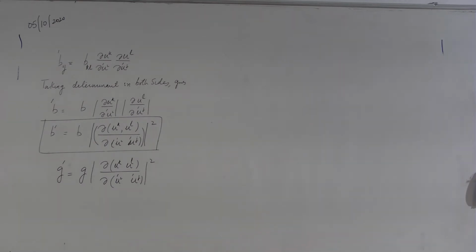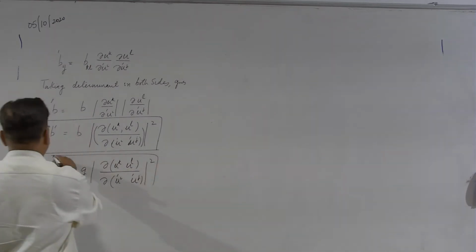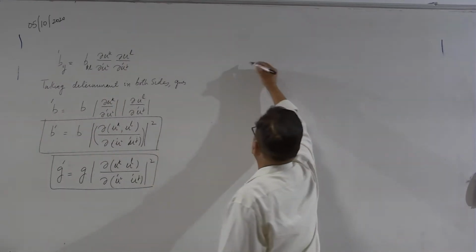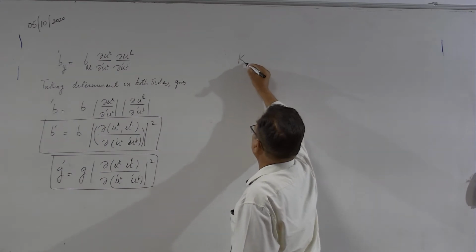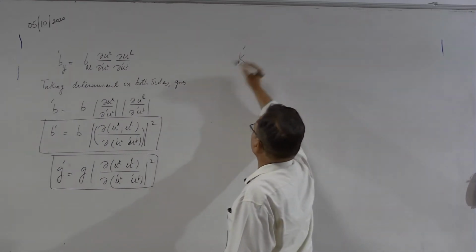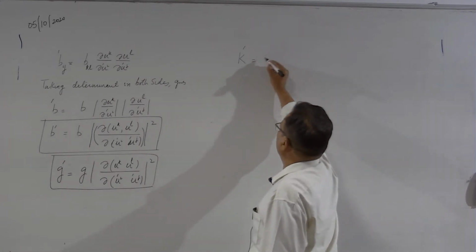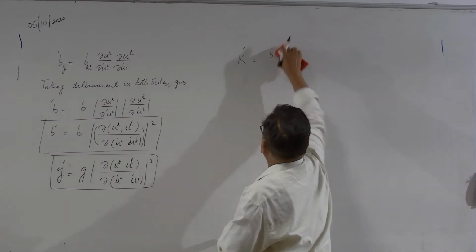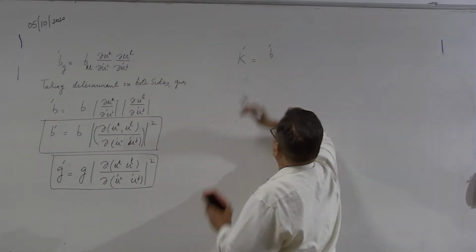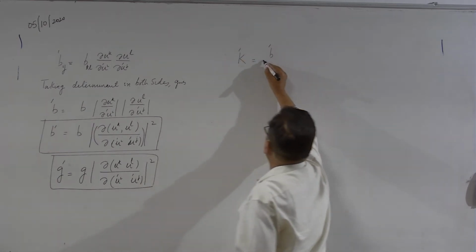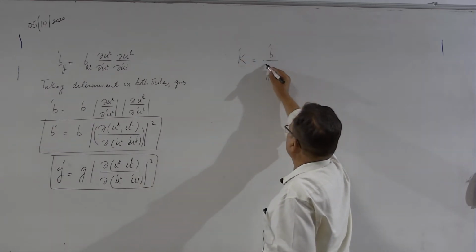Okay. Now, what is the Gaussian curvature? Suppose the Gaussian curvature of a surface in the new coordinates is k dash. So, this must be equal to b dash upon g dash.